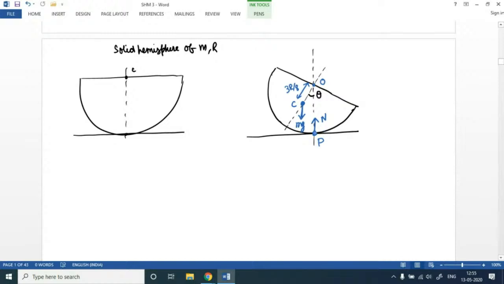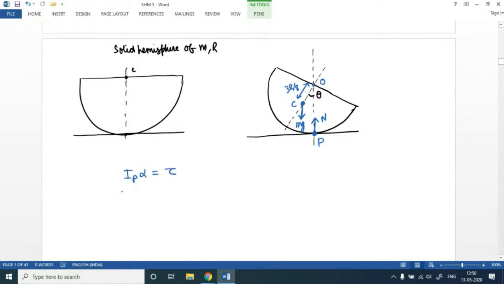So the acceleration of this point P is negligible, and when writing the equation of torque about point P, we do not have to consider any pseudo torque. So we need to write I_P alpha is equal to tau.